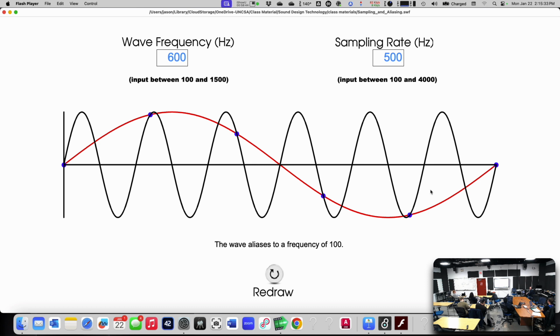Okay? Now here's the good news. Aliasing is not, in actual practice, something you have to worry about. Because what happens is the converters that do the analog to digital converting always have an EQ filter, filtering that audio before it goes through the converter. And it's a low-pass filter.